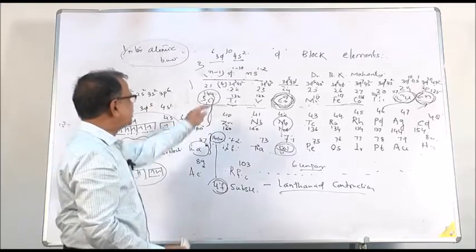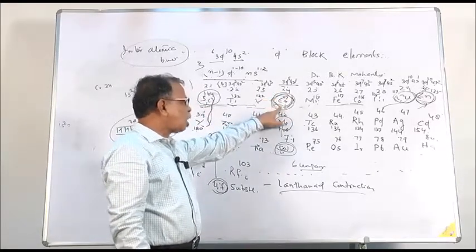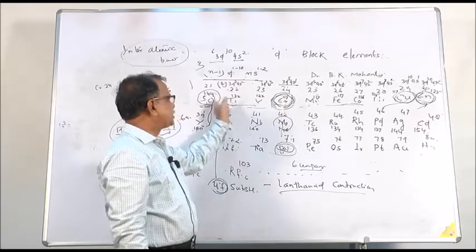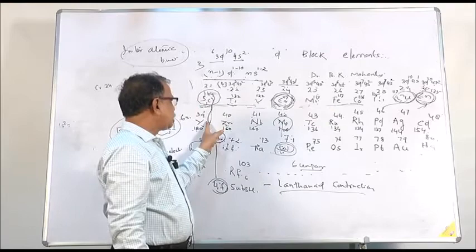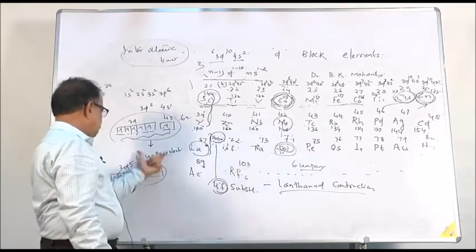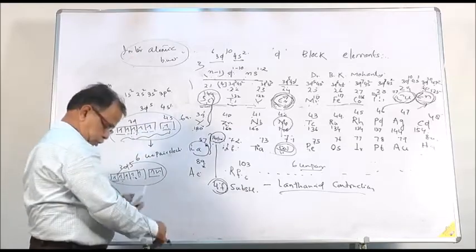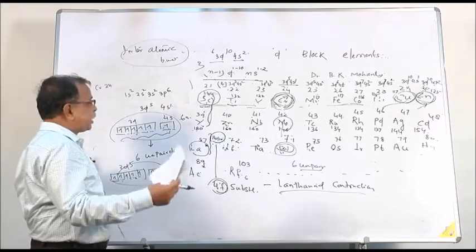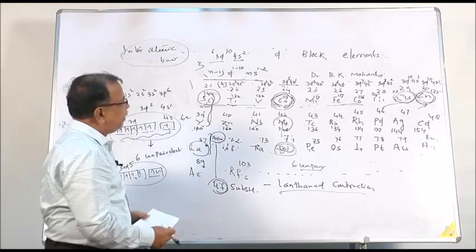In scandium, titanium, vanadium, chromium, chromium has the highest melting point because of the presence of 6 unpaired electrons. Due to more unpaired electrons, the interatomic attraction between the atoms is stronger and the melting point increases.